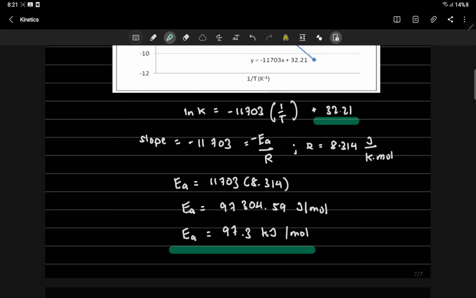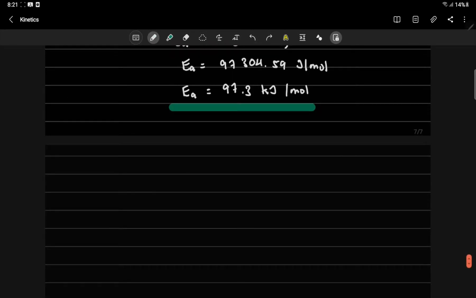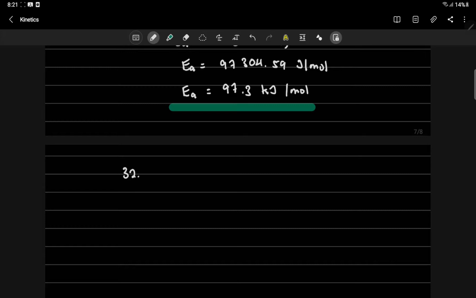Okay, so yung 32.21 na yan, let me write it here, next page, 32.21 is equal to ln of A. Alright, when we linearize our equation, our y-intercept is equal to ln of A. So therefore, A is equal to e raised to 32.21, and that will be equivalent to a value of 9.81 times 10 raised to 13.